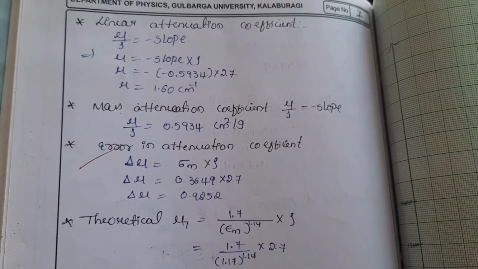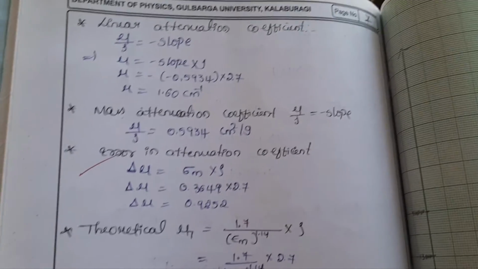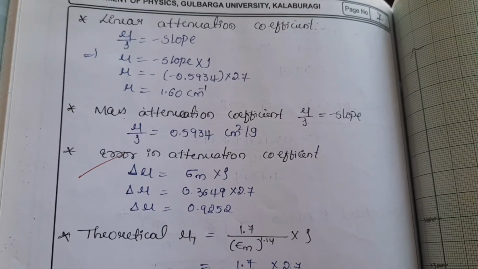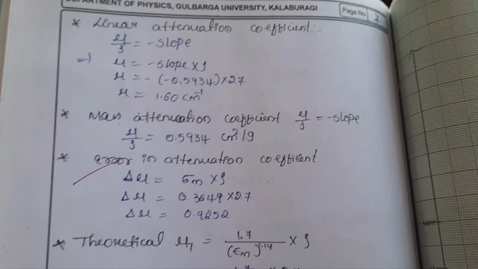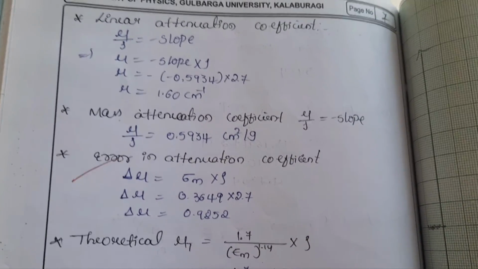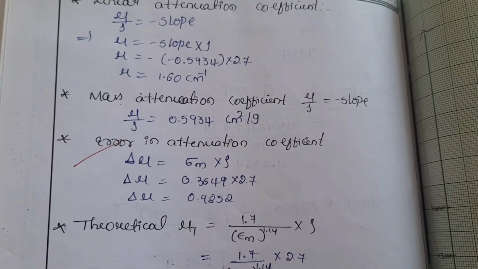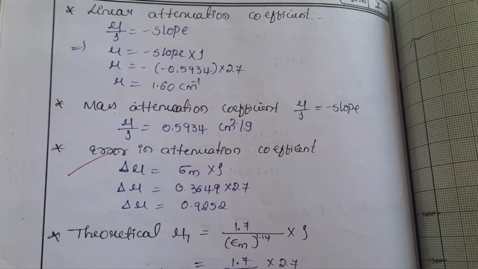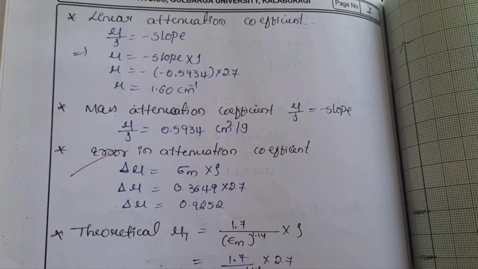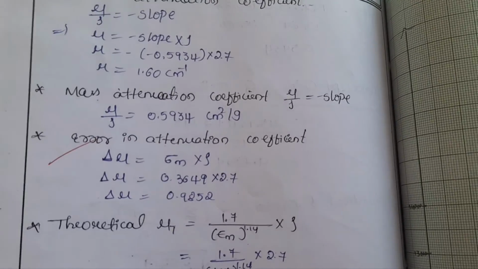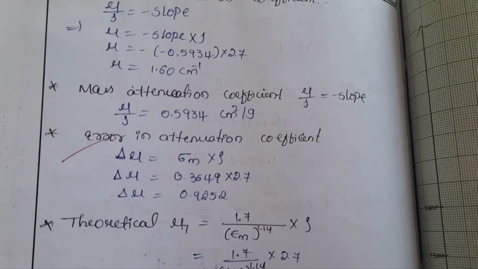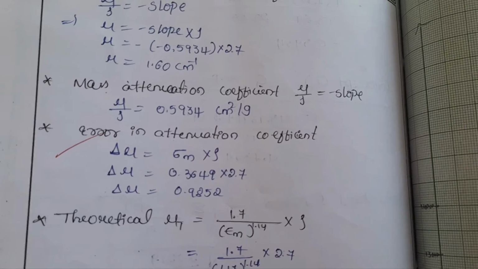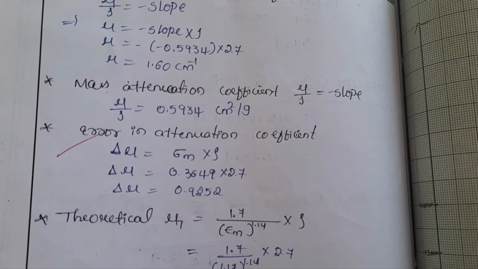You can do the calculation for the linear attenuation coefficient using the slope from the LSF method. Mu is equal to minus slope, which you put here, and you will get the mu value, the linear attenuation coefficient. Then the mass attenuation coefficient, mu by rho.